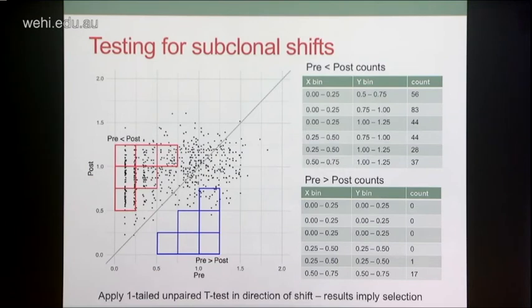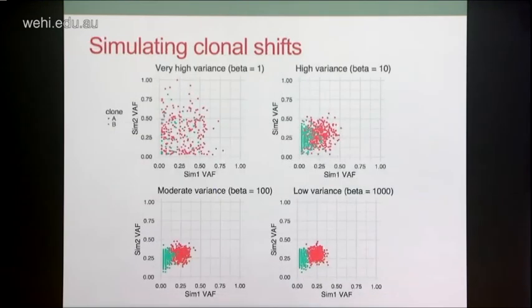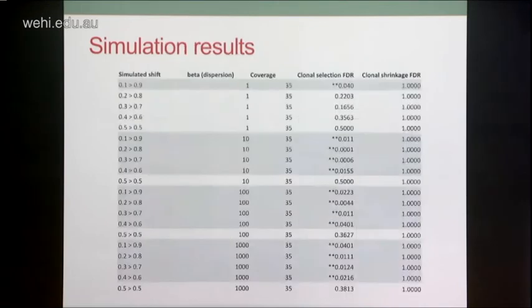So in terms of the simulation, we ran multiple different variance parameters, so a very high variance, beta 1, and fairly high variance, beta 10. This was similar to what we saw in the neoadjuvant samples, and then decreasing the variance, and then trying to apply the test.